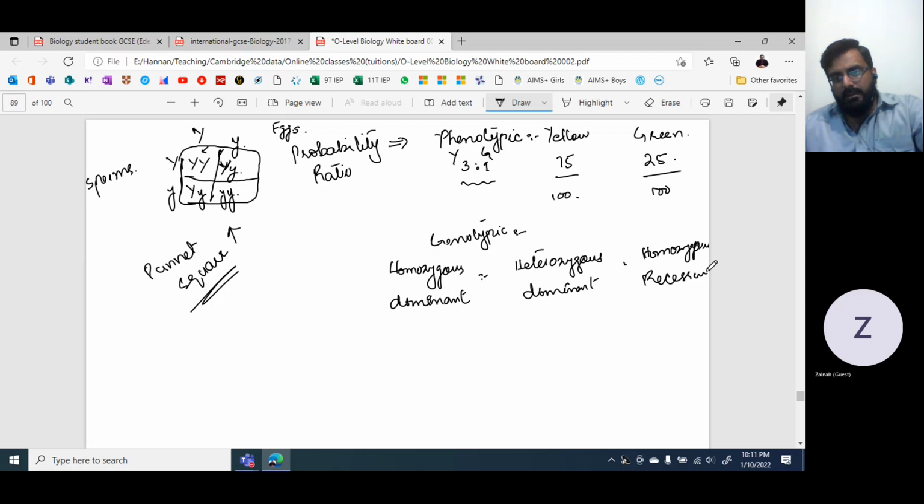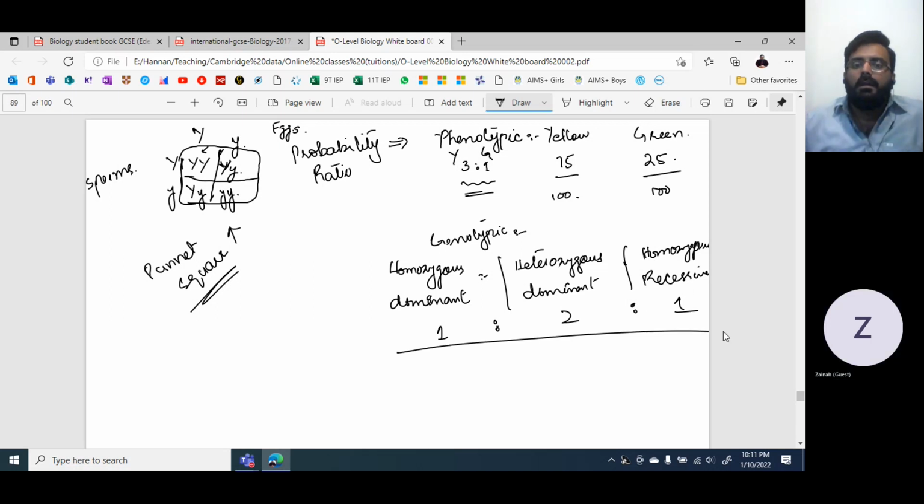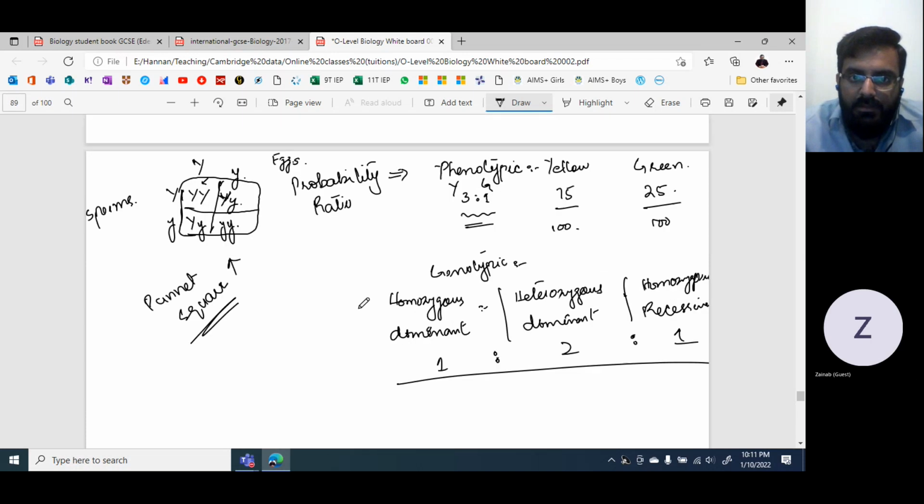So if I ask you that if we write the genotypes in the form of ratio, what should be the ratio of all these three genotypes out of four? For homozygous dominant, it should be 1. Ratio 2, ratio 1. Well done. This is the genotypic probability of the next generation.